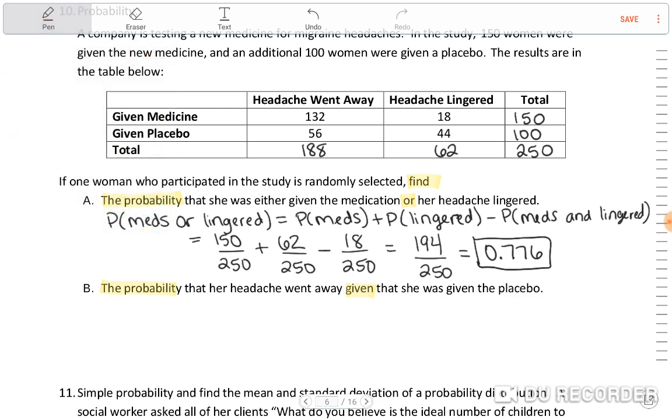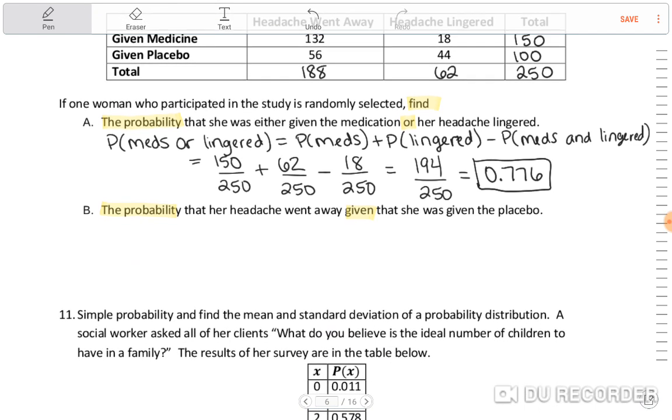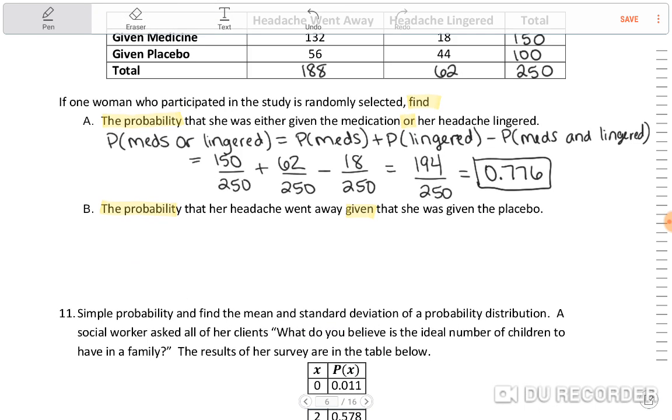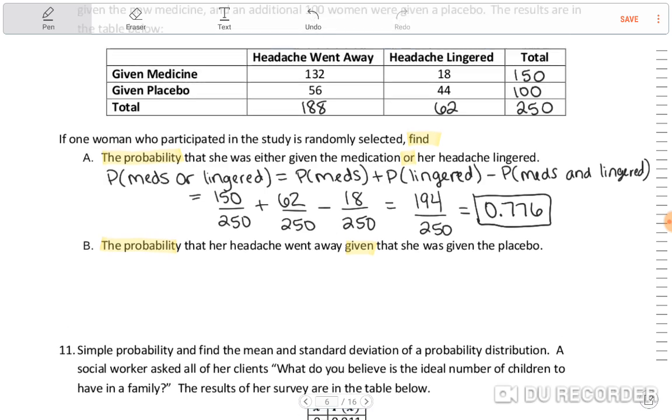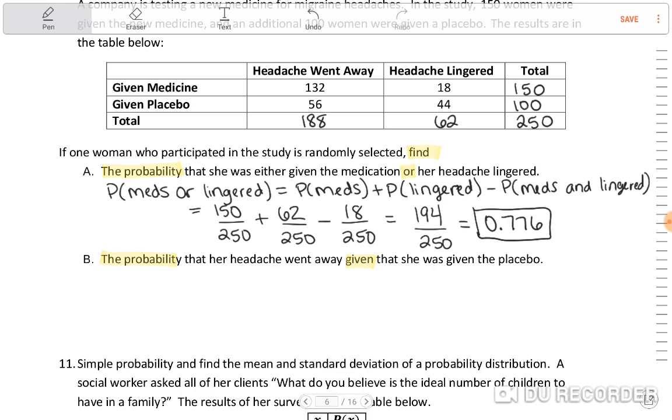So when you see the word given, again, that is telling you what formula you need. So you're saying, what's the probability that someone's headache went away given that that person had a placebo? Okay, so we're only looking at the people that had placebos. That's the 100 people. There's only 100 people that had a placebo, right? I want to know out of those 100, which ones had a headache that went away. And that was 56 out of 100, right?